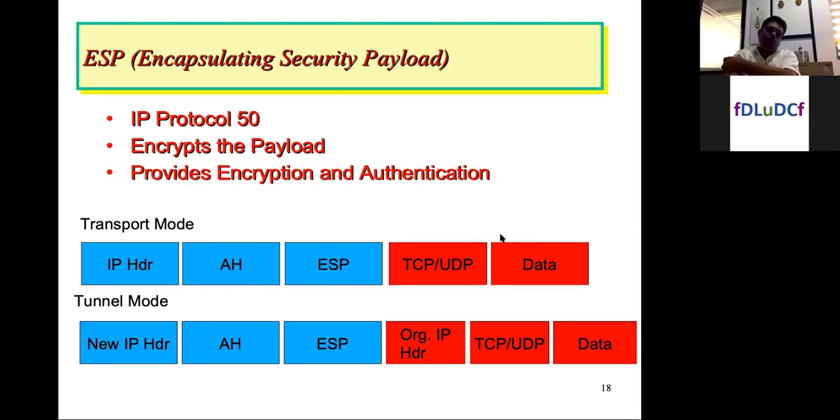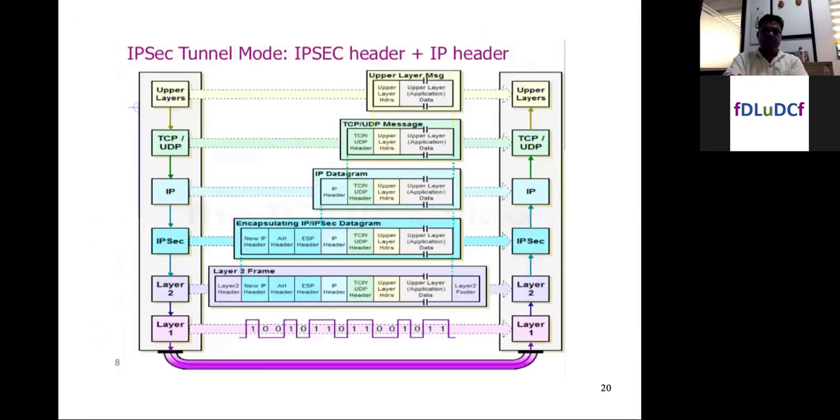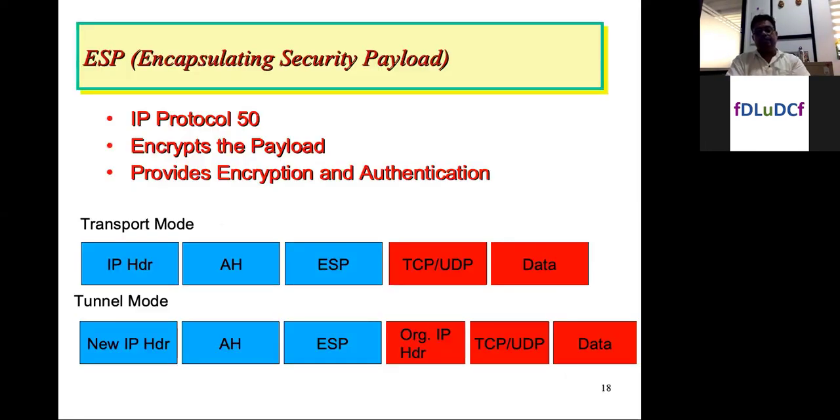If we want to apply the security to the original IP address as well, we need to create the ESP header including the original IP address. And in this situation, we need to add the new IP address to the packet. So this is the tunneling mode.